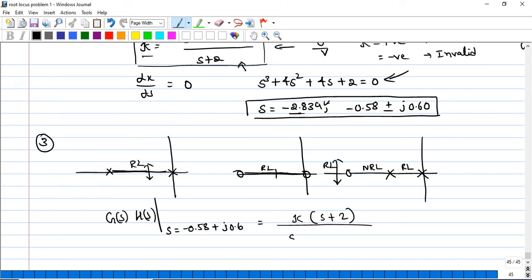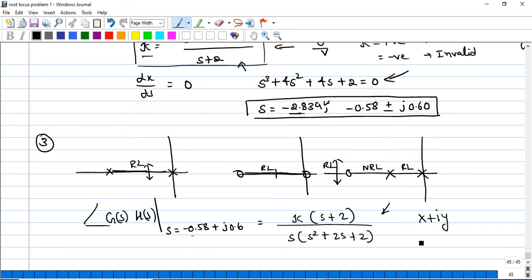Students, I will not do the complete steps; this is just for your information. We write it in the form of x plus jy, and then we need to calculate the angle.